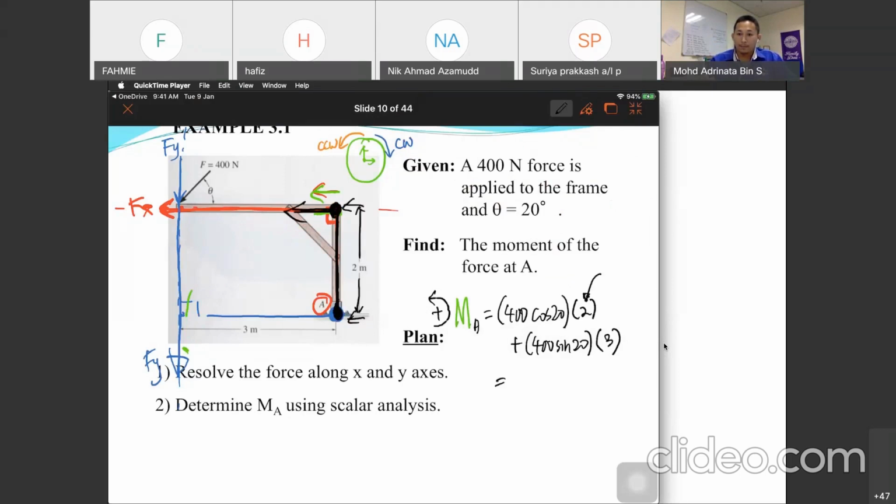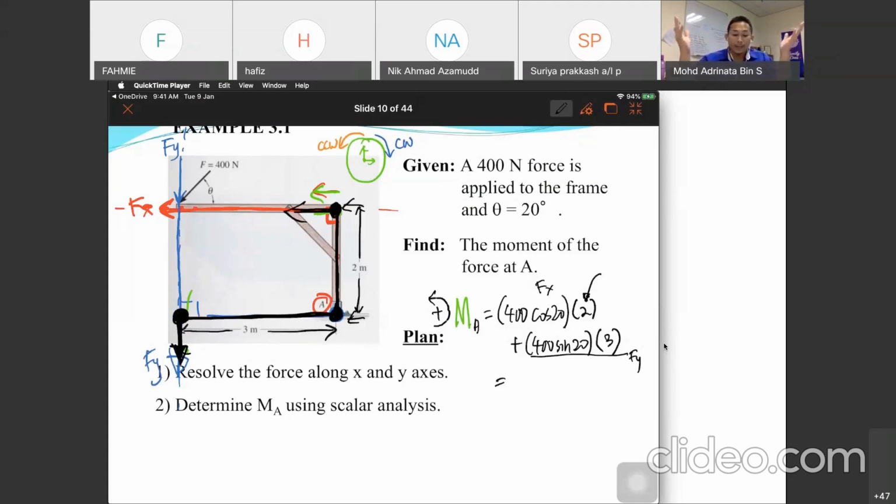Then this one is for Fx. And this one is for Fy. So Fy is acting here. This is your Fy. Point A to point Y. So the distance should be this one.